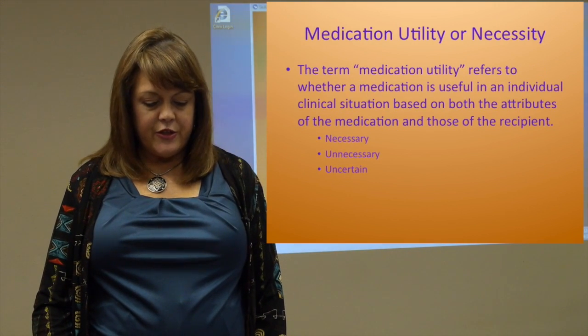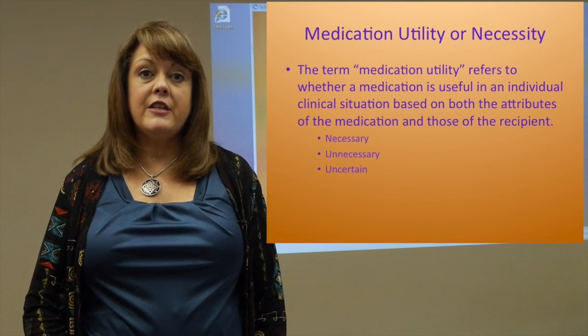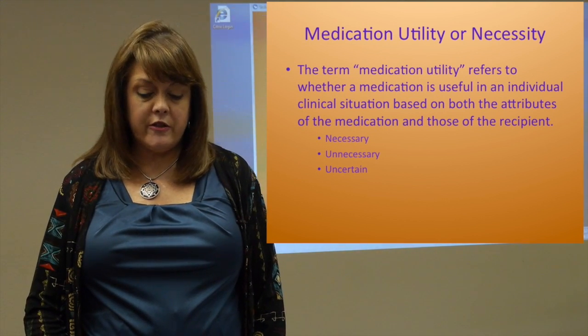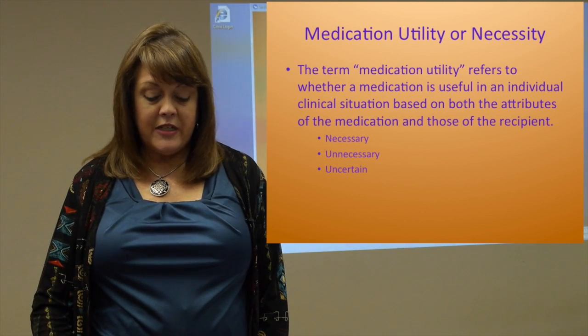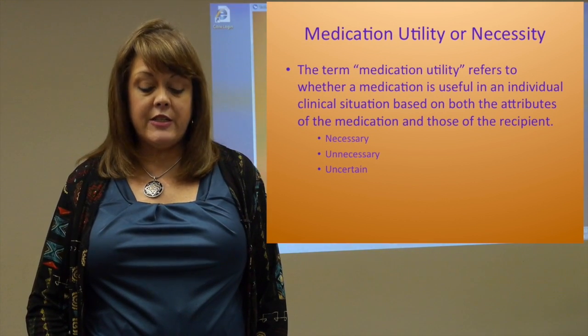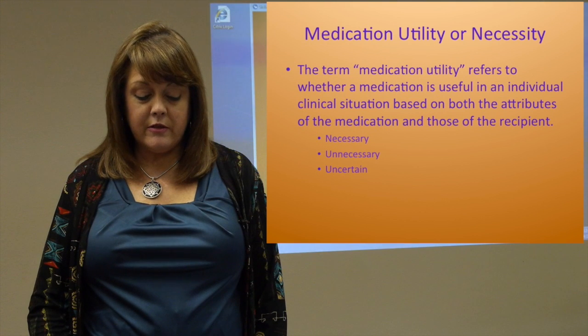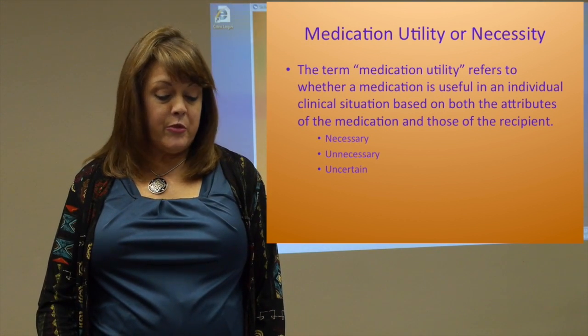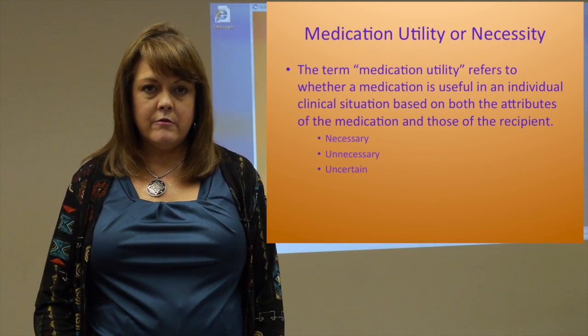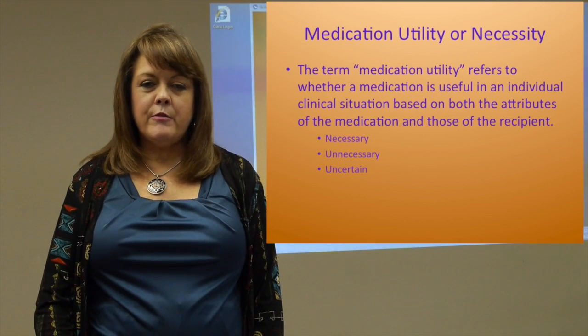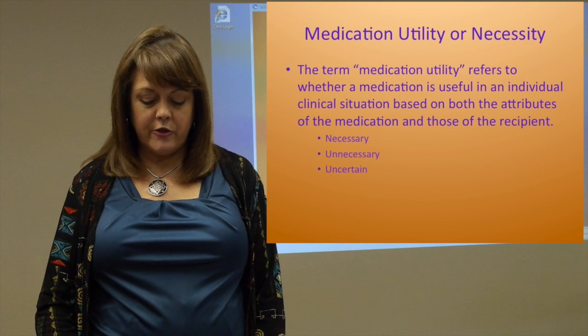The term medication utility refers to whether a medication is useful in a particular individual in a particular clinical situation based on both the attributes of the medication and those of the recipient. So it's pretty simple. We either decide that medication is necessary, unnecessary, or sometimes it's a gray area, uncertain.